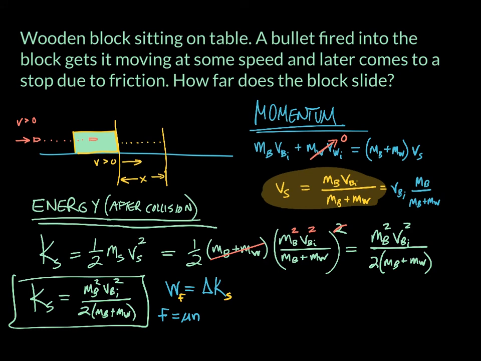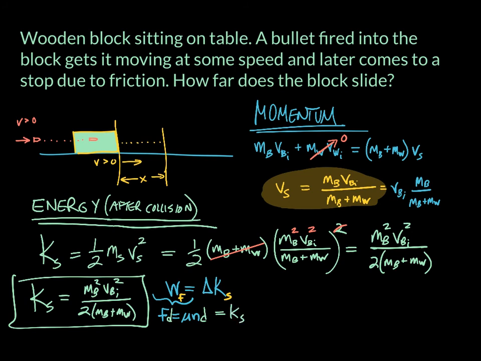All right, so work done by friction is going to be that force times the distance. Okay, force times distance. Work is always going to be a force times a distance. And since this force is the force of friction, it's going to be mu n times that distance. Has to equal our K_S, basically.